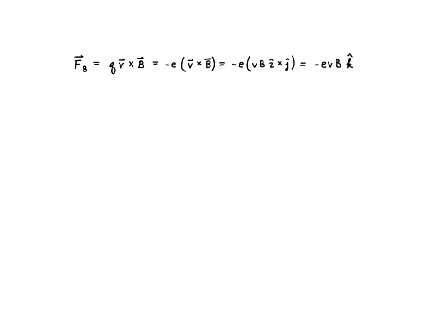Now let's note again that the v cross B term is in the k hat direction, but because it is an electron, which is minus e, the force will be in the minus k hat direction.